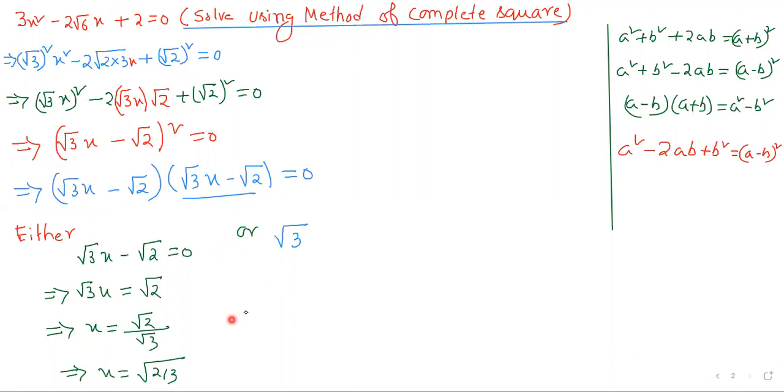So either this factor is equal to 0 or this factor is equal to 0, to find out the root of the equation. That means directly we can write x equal to root 2 by 3.